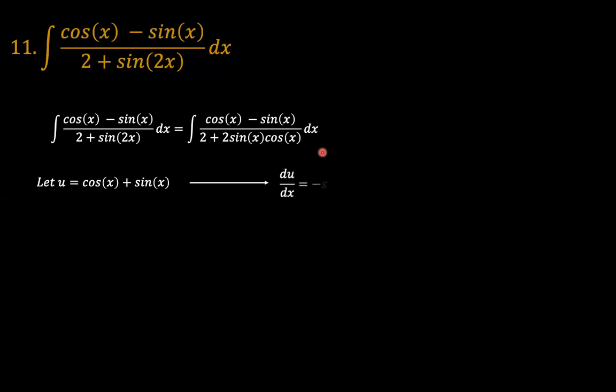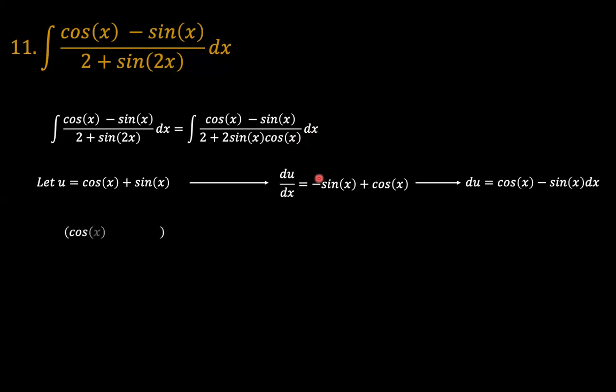Since if we differentiate that cosine x plus sine x with respect to x, we get cosine x minus sine x dx as a substitution for du, which is exactly the numerator.